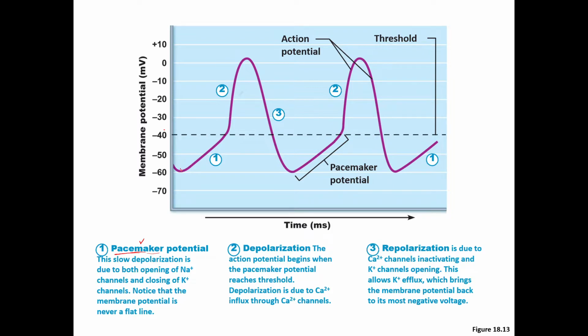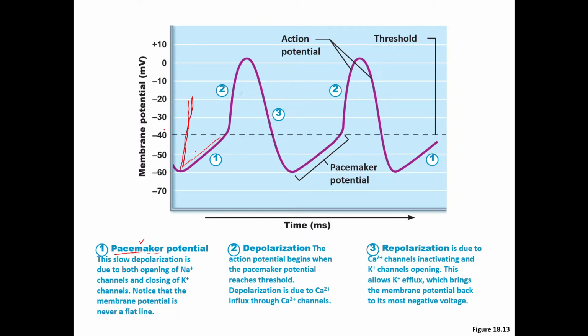In case of heart muscle, you have seen that depolarization occurs very fast, almost straight up. But in case of pacemaker, the depolarization occurs slowly. Particularly, you see the first part of depolarization is really very slow. Okay, slow rise.